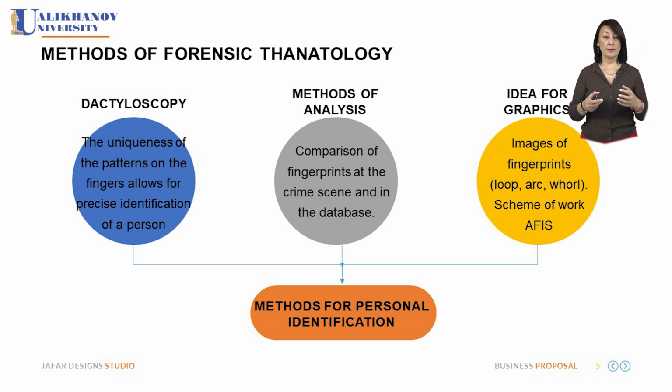Dactyloscopy uses the uniqueness of papillary patterns on fingerprints, allowing precise identification of a person, and comparison of fingerprints from the crime scene in the database, with dactycards and papillon systems.